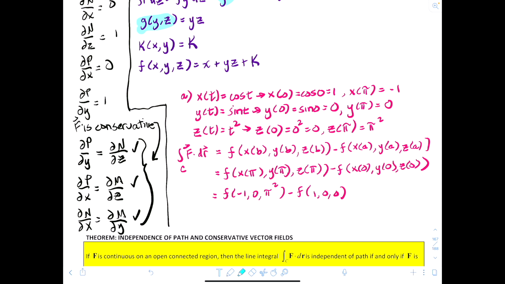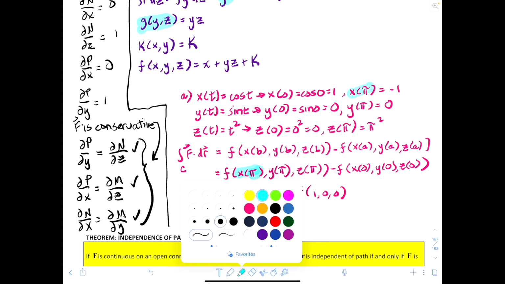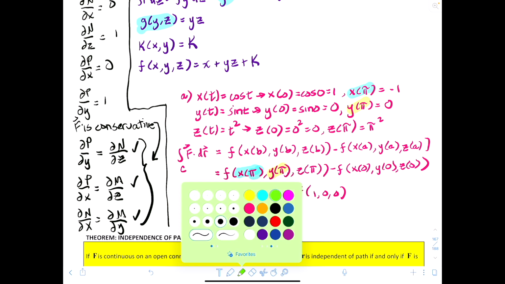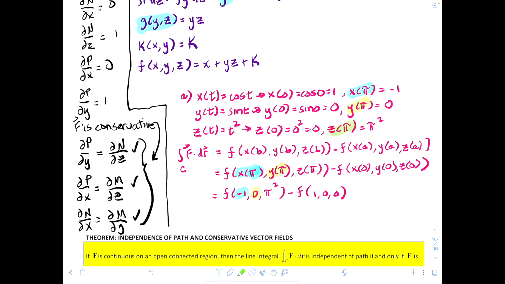And I just got these because that is what x at pi was, and then y at pi was here, and z at pi was pi squared, right?